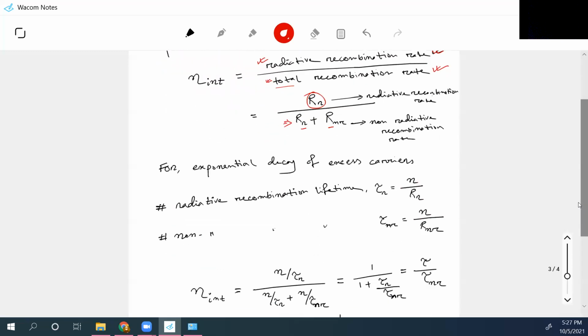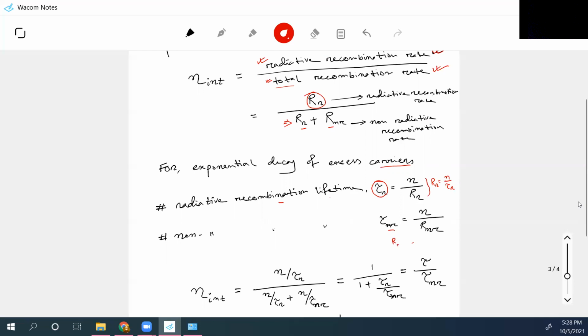For exponential decay of the excess carriers, the radiative recombination lifetime tau r is expressed by this equation, and the non-radiative lifetime tau nr by this equation. Now we put it back: if tau r equals n by R, then R is nothing but n by tau r. The same holds for this one.